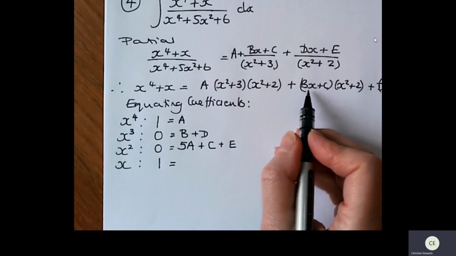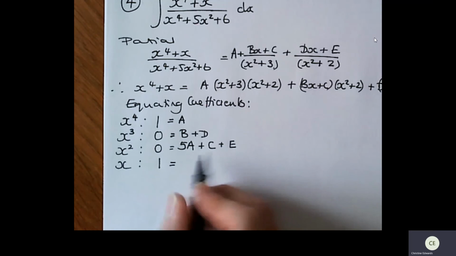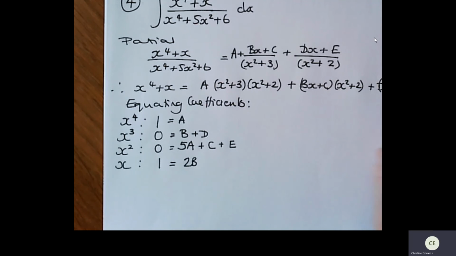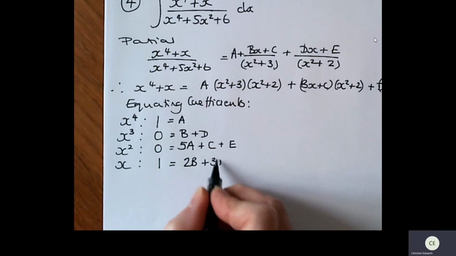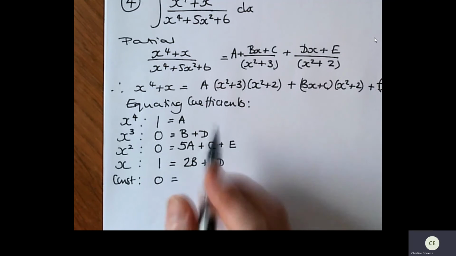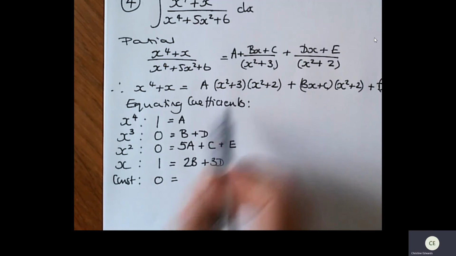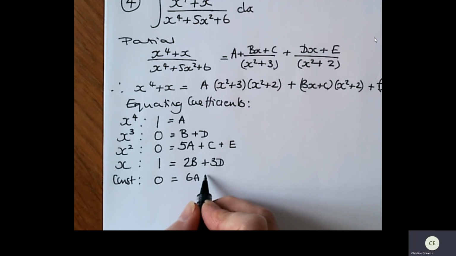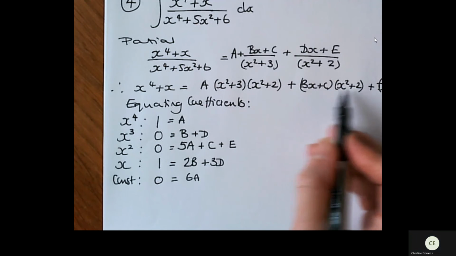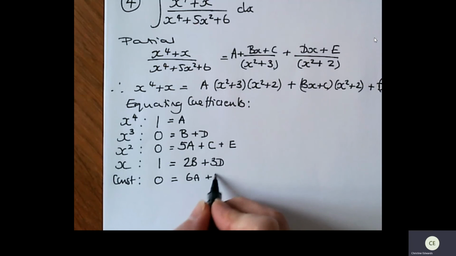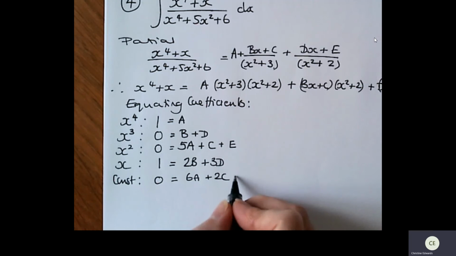I'm going to get 2 times bx, so that's 2b, and 3 times, so that's d. And then last but not least, the constants. 0 on the left. 2 times 3 gives me 6a. From this bracket here, we will have a 2c, and from here, a 3e.